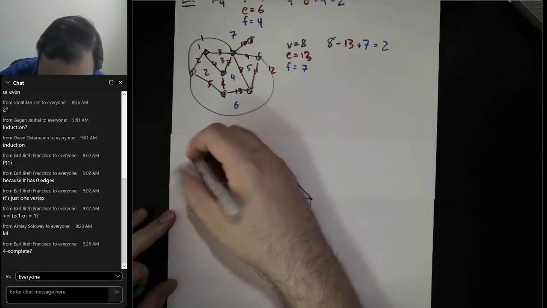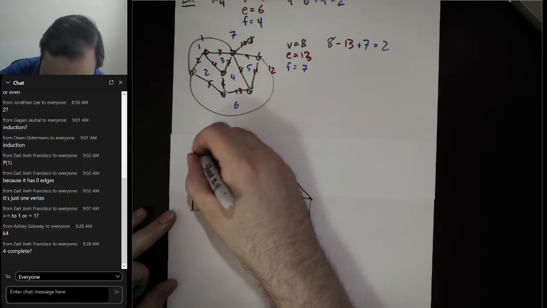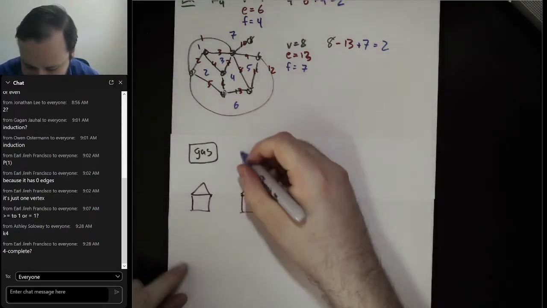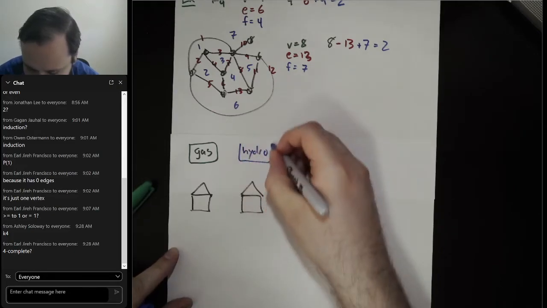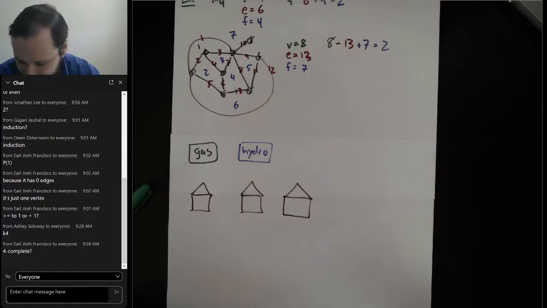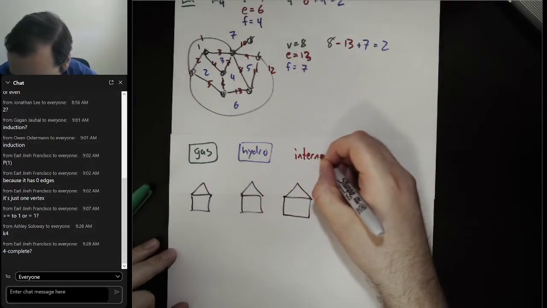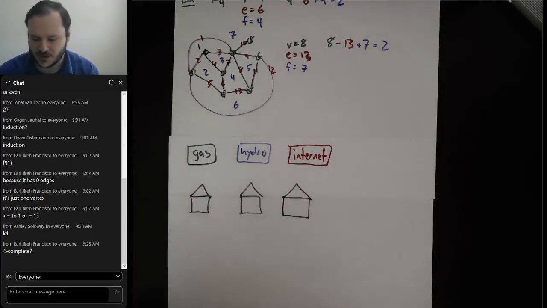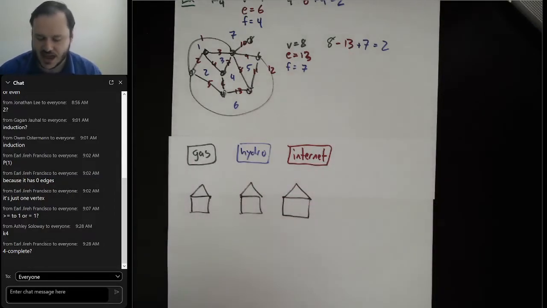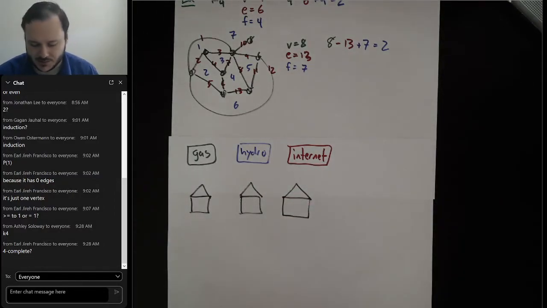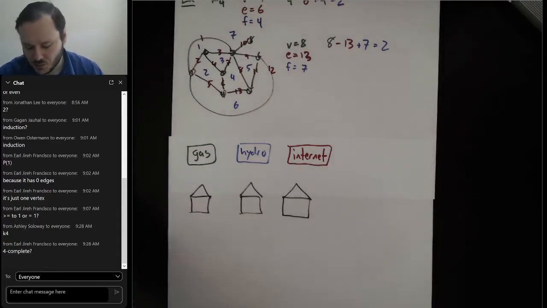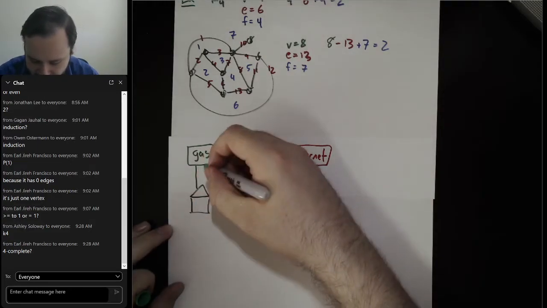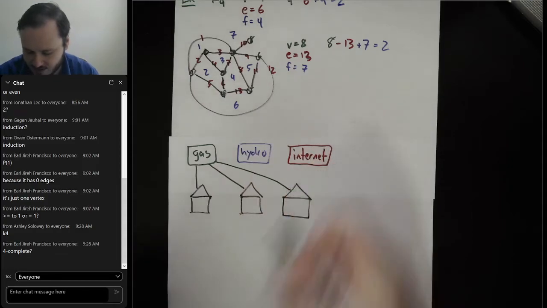I don't know, gas and hydro and internet. And what you need to do is have lines run from each of the 3 companies to each of the 3 houses, and they can't overlap. So you want to draw 3 gas lines here, here, and here.